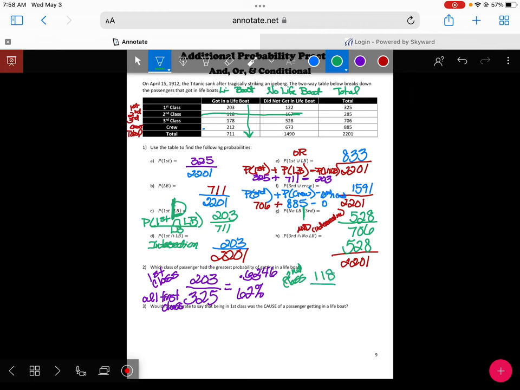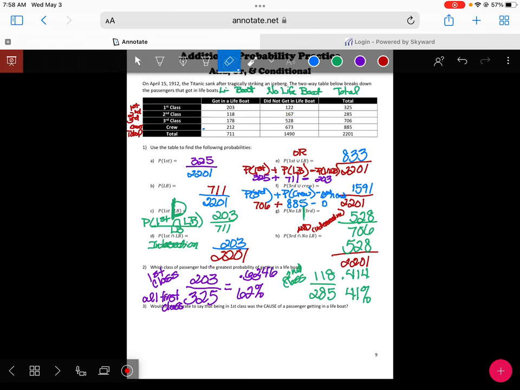How many were there total? 285. Take 118 divided by 285. What do you get? 0.414. That's 41%.